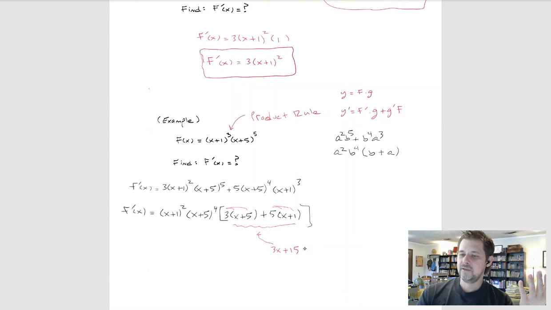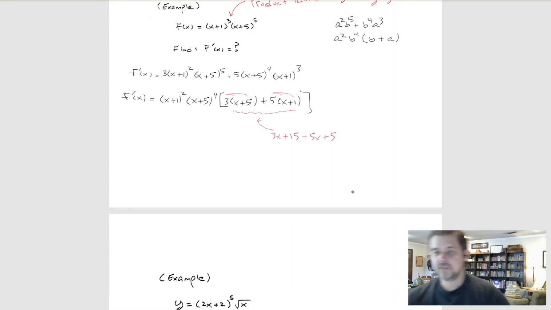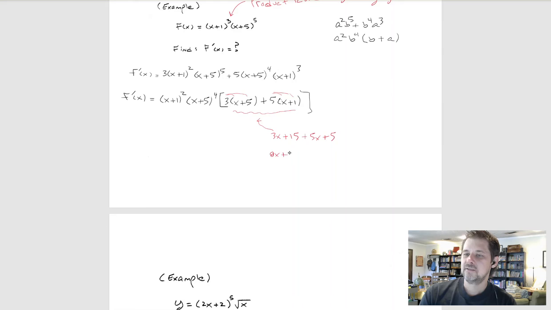And then over here you'd get plus 5x plus 5. Alright, and then we could do some combining across the board in there. We'll get 8x, 3x and 5x, plus 20.